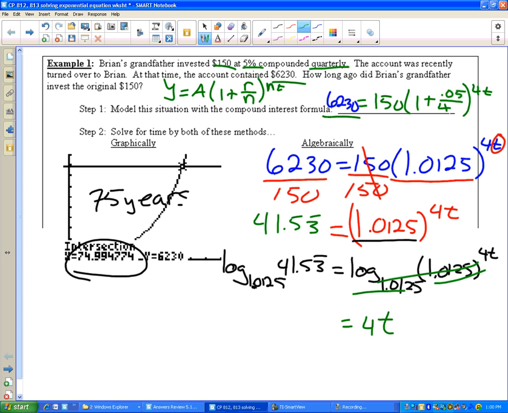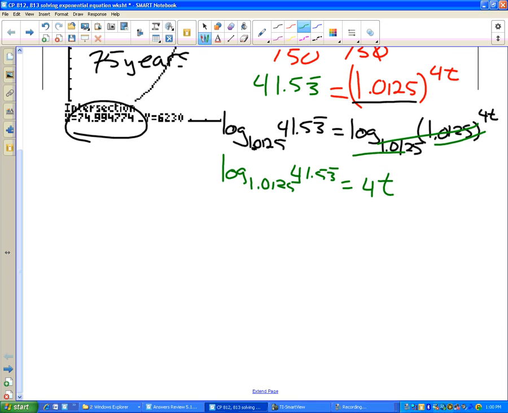On my left side, I have this really ugly number of log base 1.0125 of 41.53 repeating. I can figure that out using my calculator, but before I do that, I'm going to divide by 4.